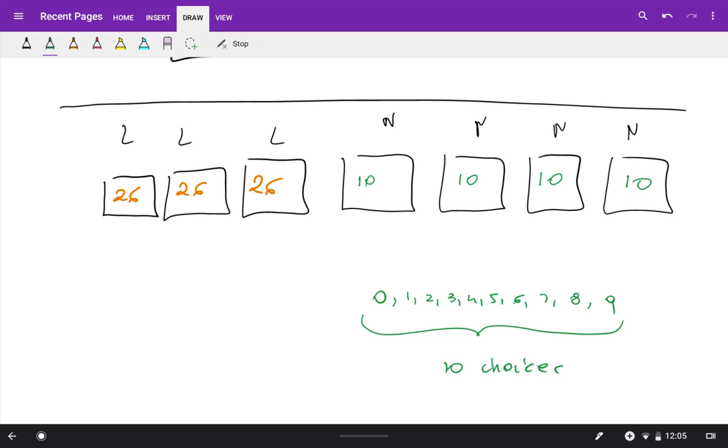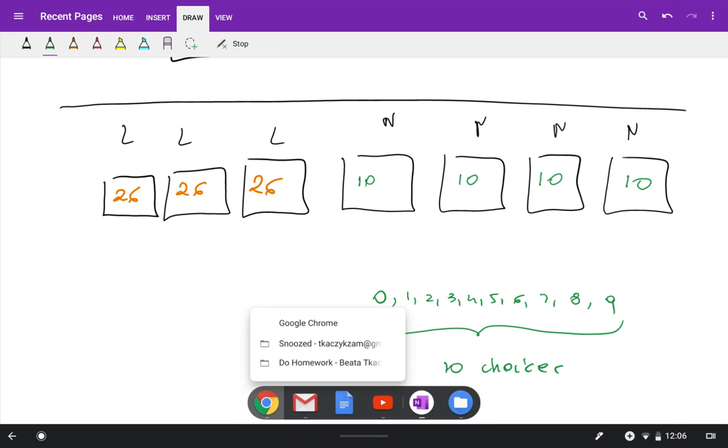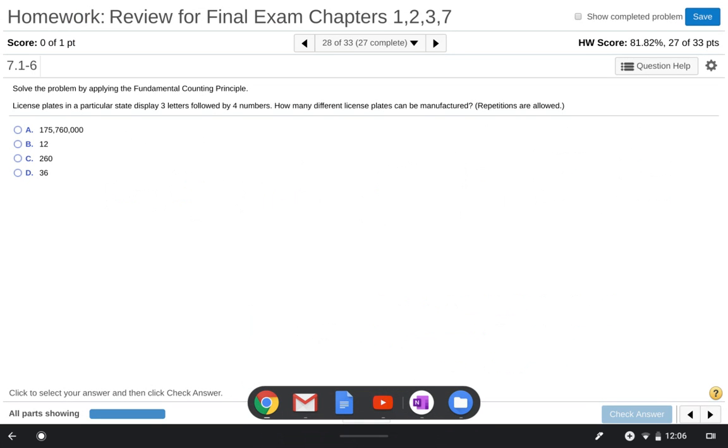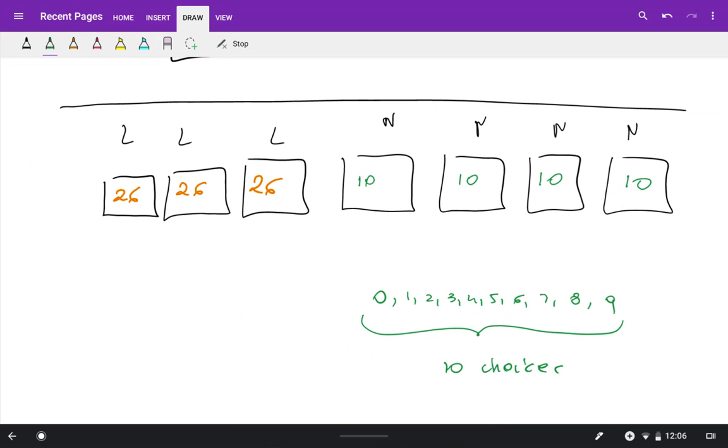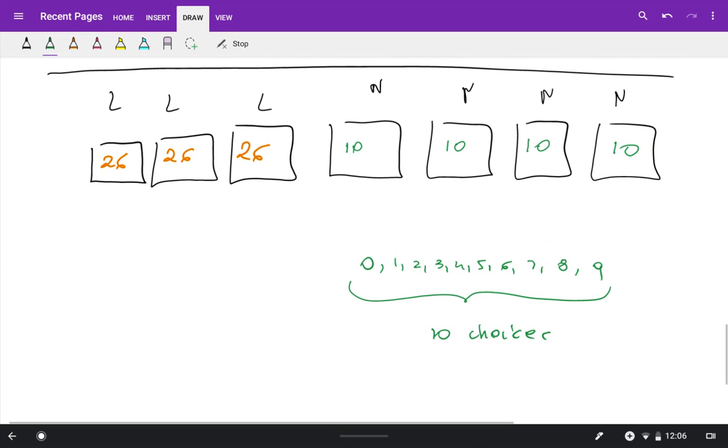So the answer will be, going back to the problem, how many different license plates? Going back here, what you're going to do with all those choices, you're going to multiply.